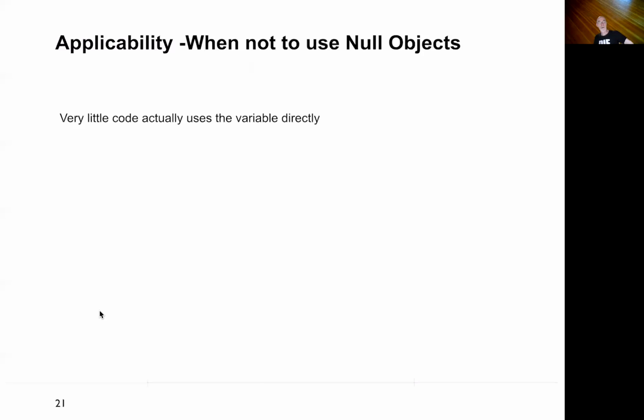In my example, the linked list is not a good place to use it, in the sense that only the linked list class worries about it, and there are only going to be a few places where we check for null. So it may not be a good place to use a null object, but I want to pick a simple example to illustrate the point.